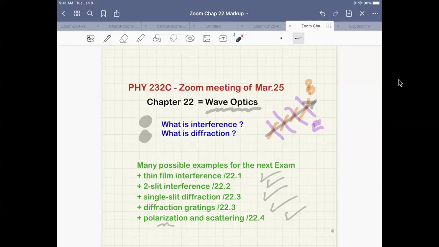And then there's scattering. When light hits molecules or atoms, it behaves in a different way than when it hits a macroscopic surface.